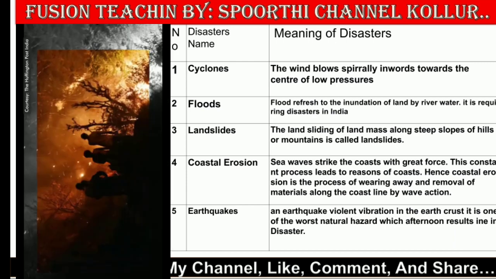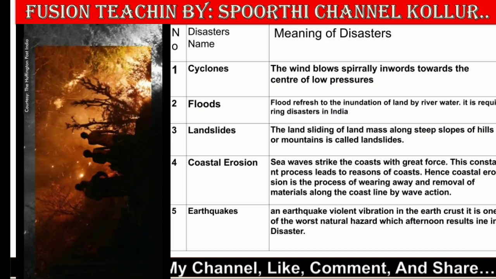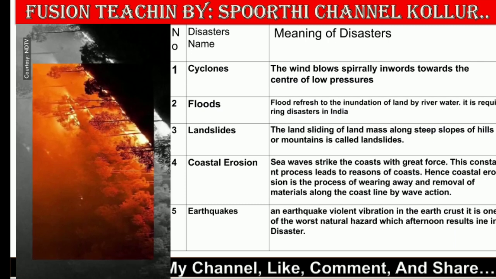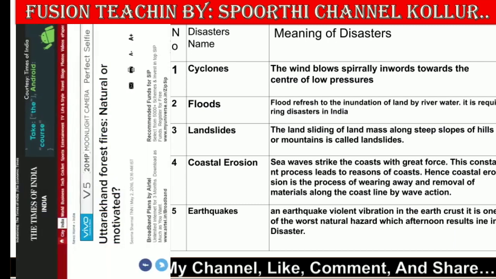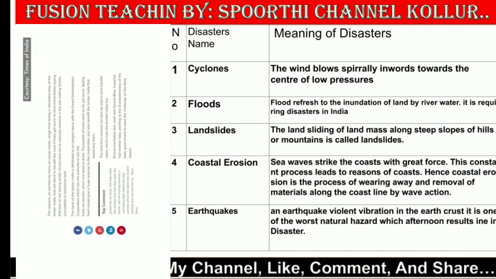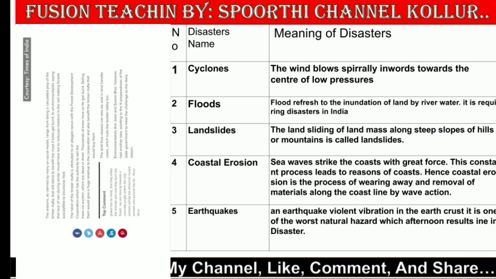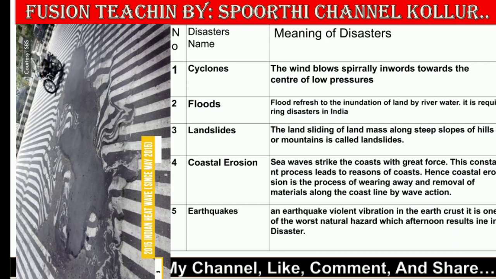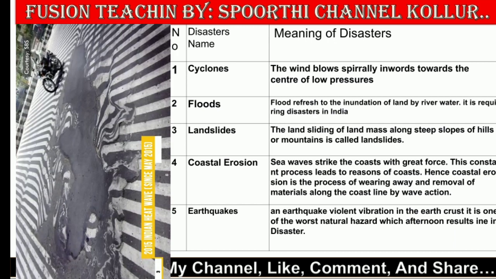One, cyclones. The wind blows spirally inward towards the center of low pressure. This is the cyclone meaning. Then floods. Flood refers to the inundation of land by river water.